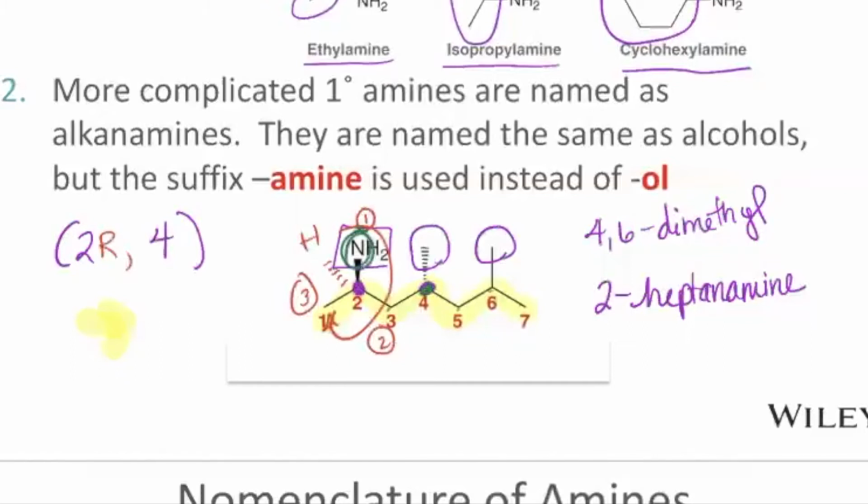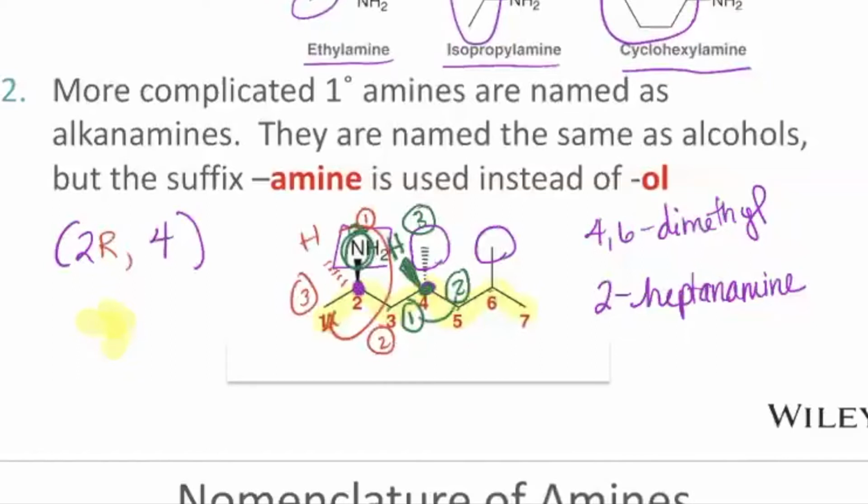The chirality center at carbon 4, our highest priority is going to be, off of the second carbon, we have a nitrogen, so that makes this one the highest priority. Then the second would be the isobutyl group here, that'd be the second priority. And then the third priority is the methyl group. Now remember, the hydrogen that wasn't drawn in is coming at you. So whatever I determine for the stereocenter, I flip it.